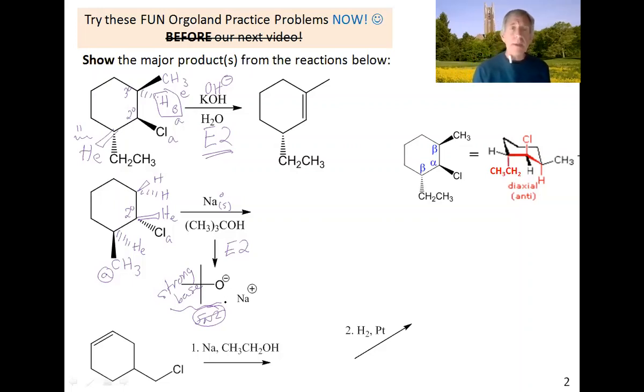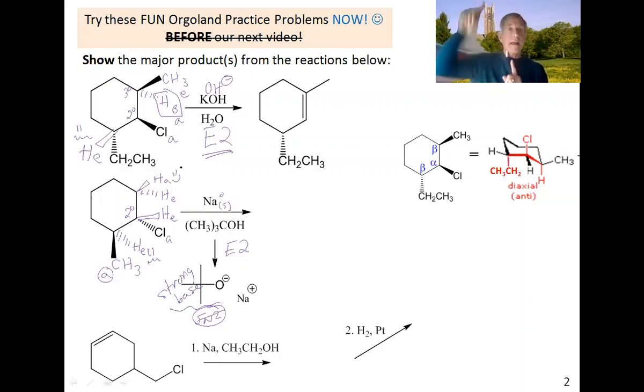Remember, I had my beta hydrogen over here. I have an equatorial beta hydrogen, boo hiss, and one of these is going to be axial, one is going to be equatorial. So I have at least one beta hydrogen that is axial.